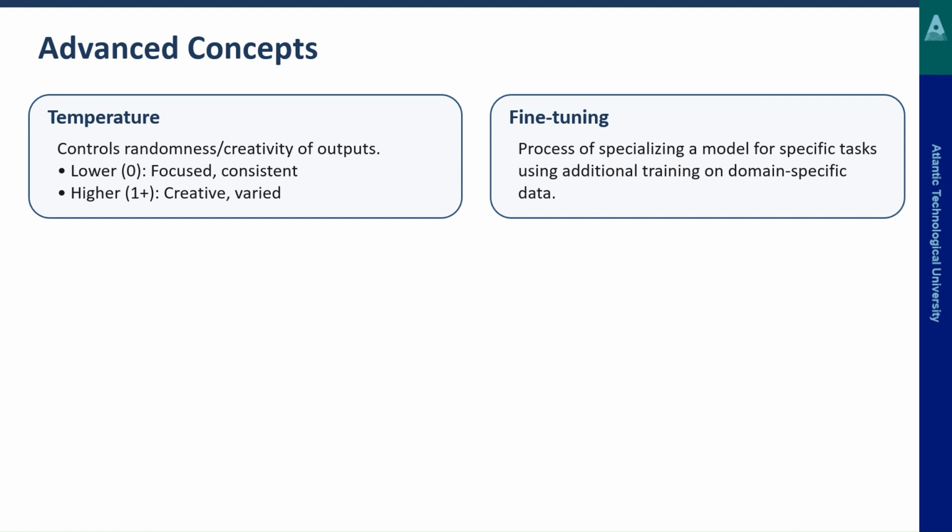Fine-tuning is really the process of specializing a model for specific tasks using additional training on domain-specific data. So we have the ChatGPT model and it can summarize emails for me. Okay, so we can do a generic kind of task, but then GitHub Copilot is a version of ChatGPT that has been trained specifically on computer code.